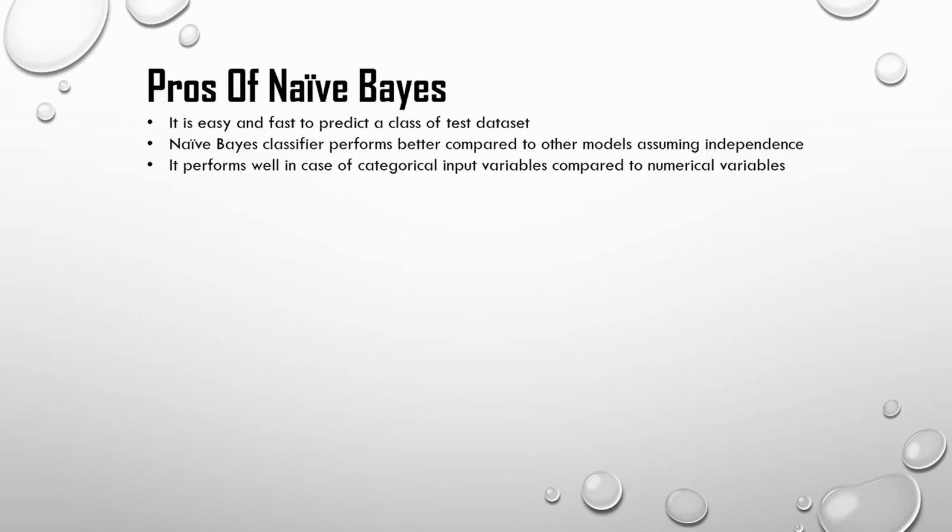So what are categorical input variables? Categorical input variables are variables that represent a category. Let's say one will represent if it is overcast, and zero will represent if it is sunny. So these are variables that represent categories.